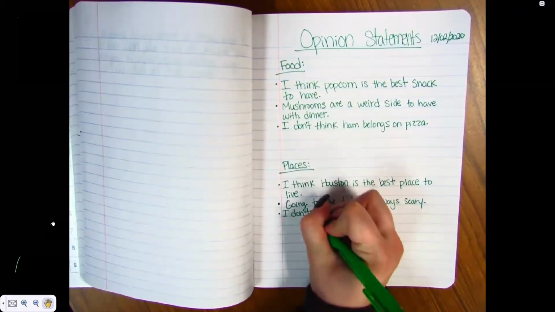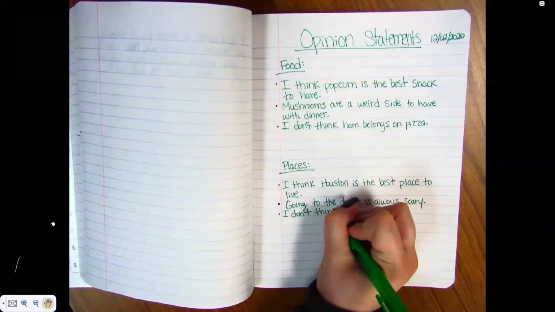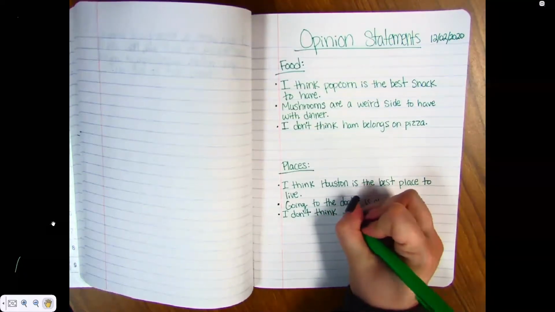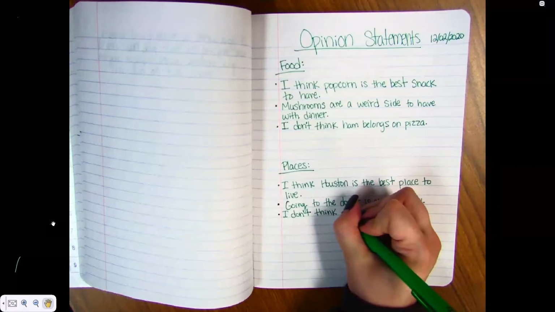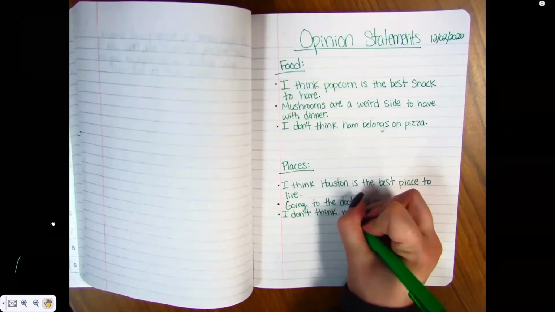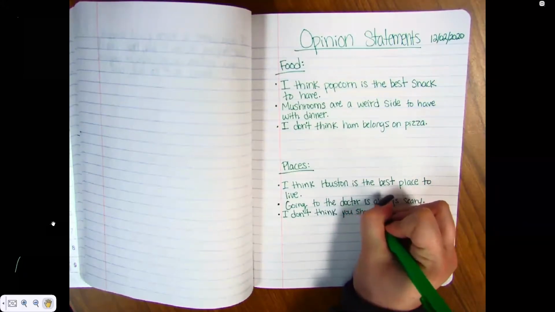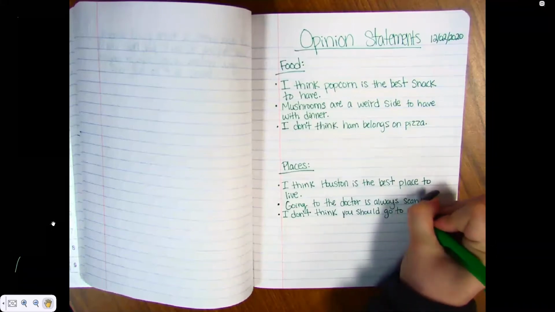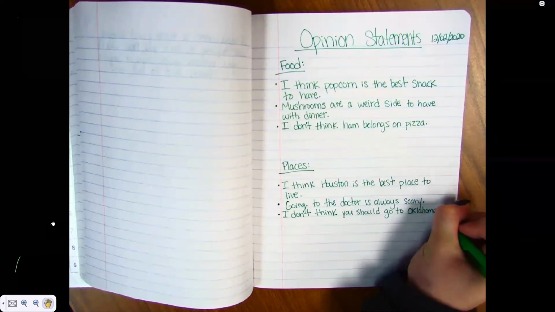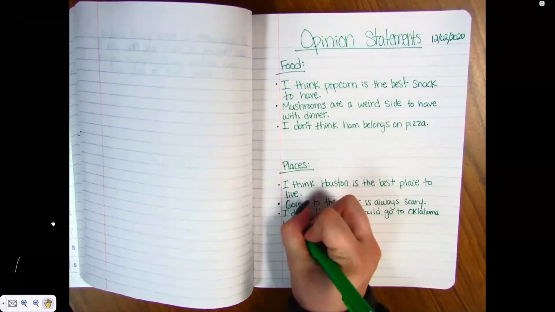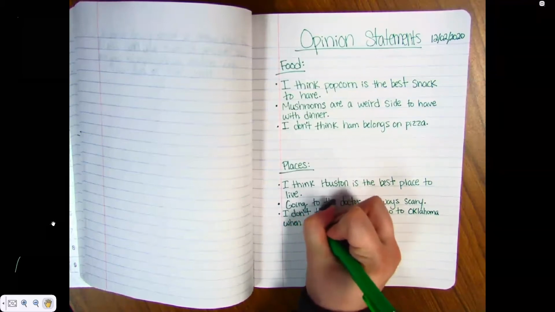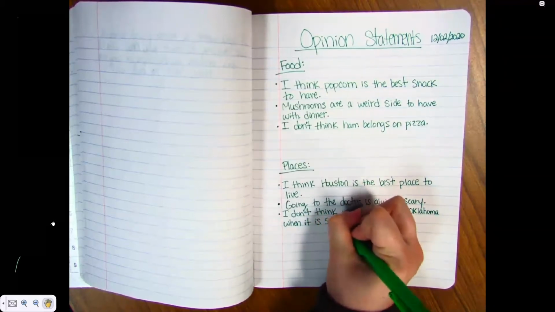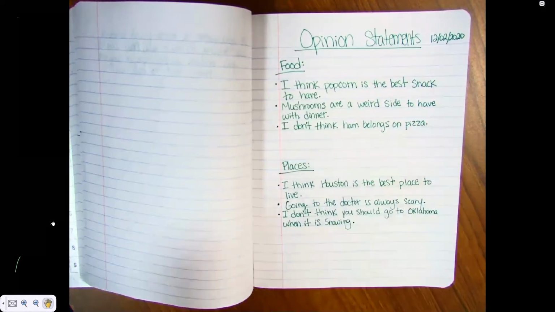I don't think you should go to Oklahoma when it is snowing.